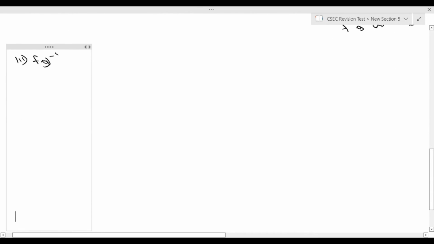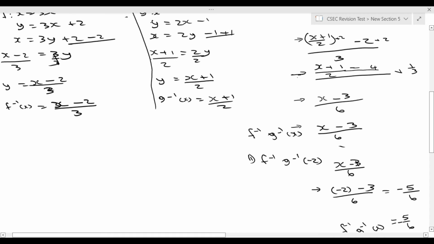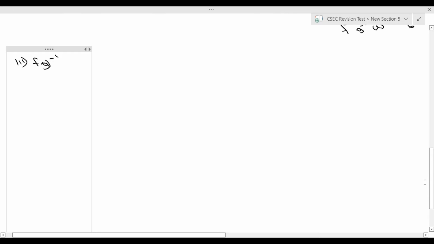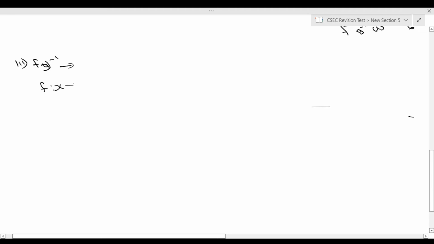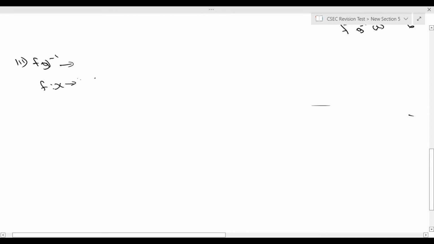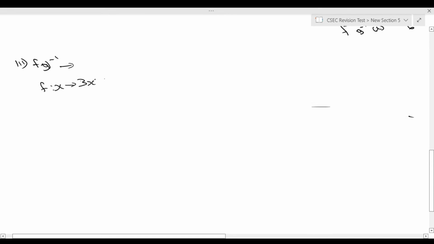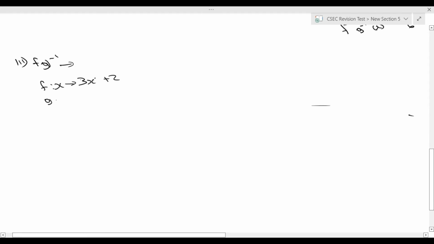Let's get some more space. We have our f function, which was equal to 3x plus 2, and our g function, which was equal to 2x minus 1.